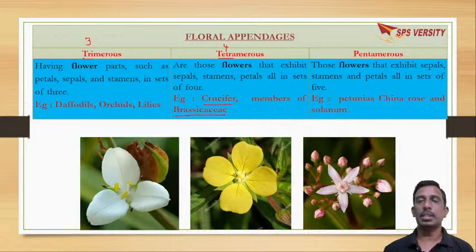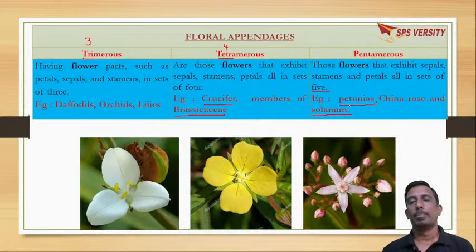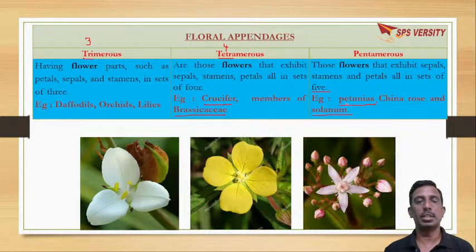Pentamerous, which are present in 5 or multiples of 5, like petunia, China rose, solanum; these all come under pentamerous. So based on the number of floral appendages, there is trimerous, tetramerous, and pentamerous.